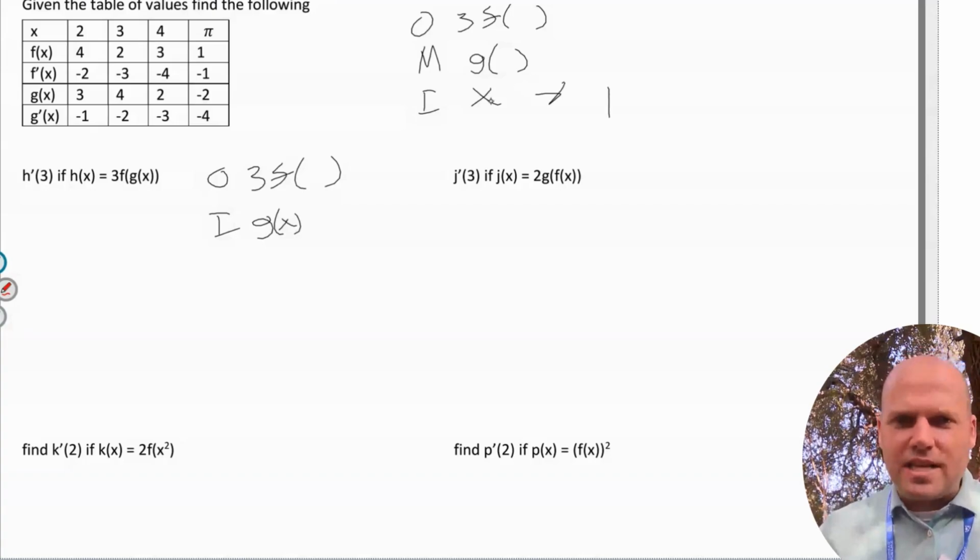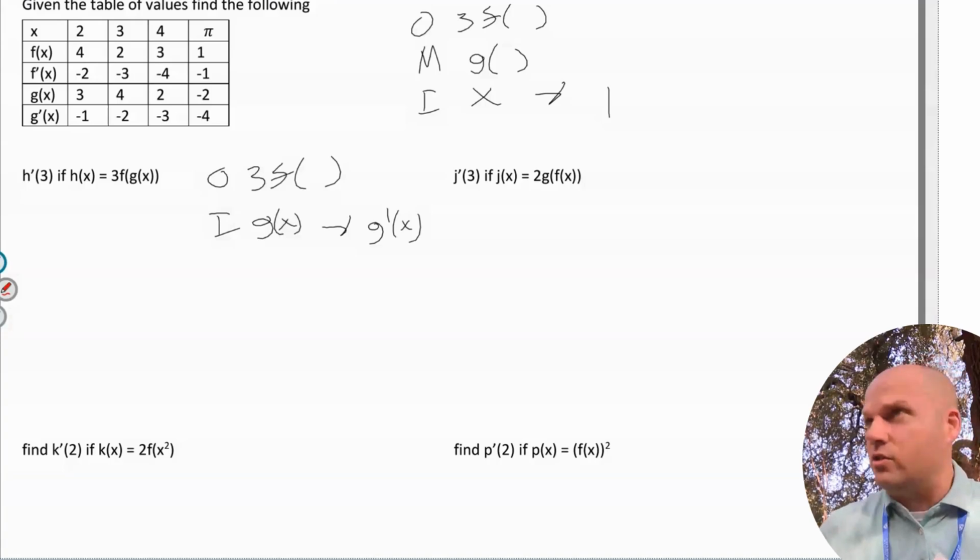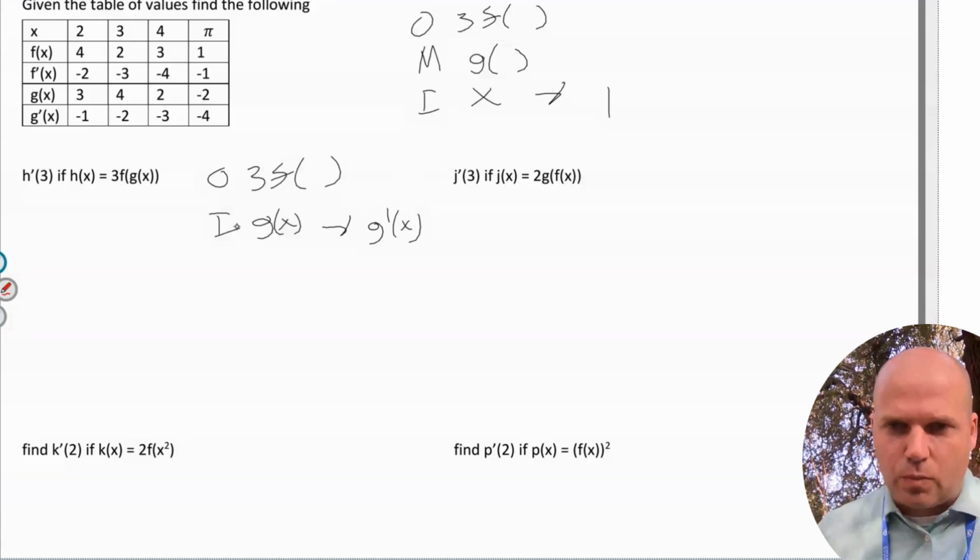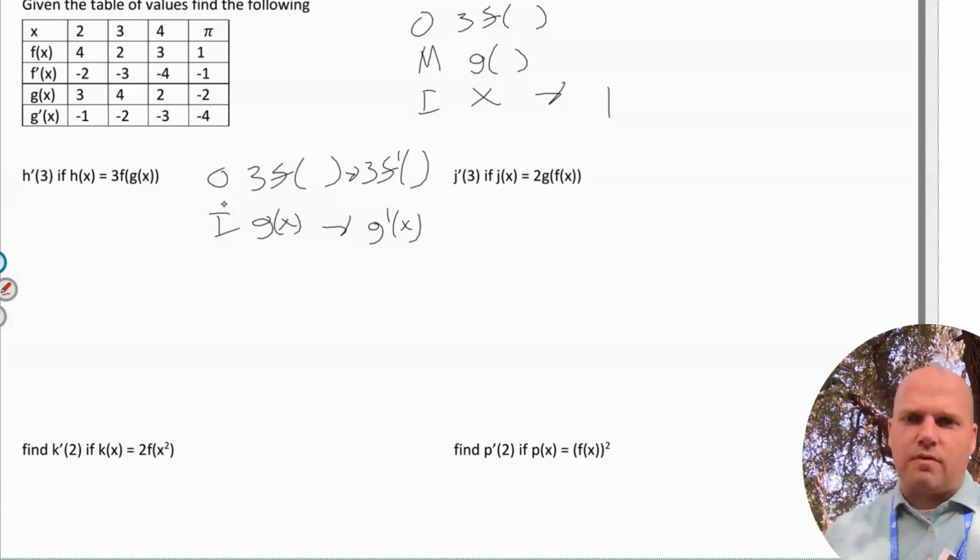The problem is you don't need that because whenever you just have x on the inside, its derivative is just 1. So this is not going to change things. So I can write it as g of x, or if you want to write OMI, it's fine. If you're not comfortable, g slopes are g slopes. 3f has slopes of 3f slopes. Remember that 3 is just a constant and is not going to change things.